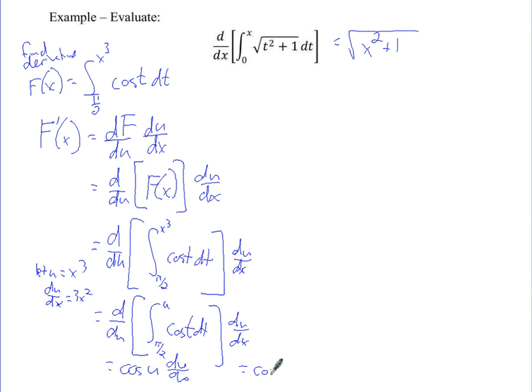So cosine u is cosine x to the third, but then I have to multiply on du over dx, which is 3x squared. So my final answer could be rewritten as 3x squared cosine x to the third. That's the answer. That is the derivative of this function right here.